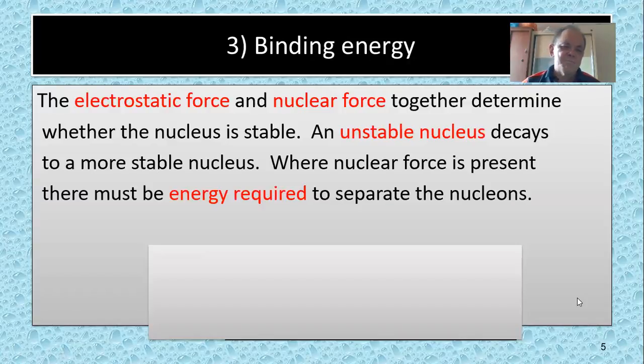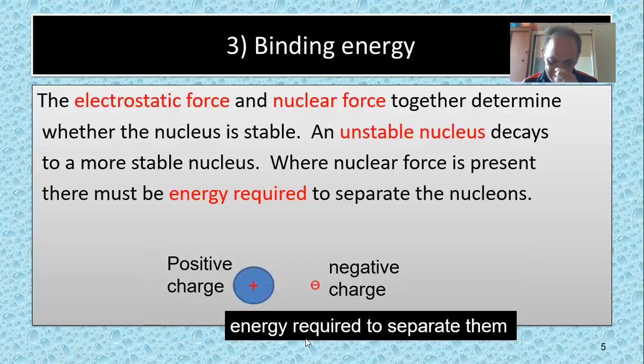Where the nuclear force is present, energy is required to separate the nucleons. Just like positive and negative charges, if we want to separate them, we need energy. If there's an attractive force, there must be energy required to separate them.